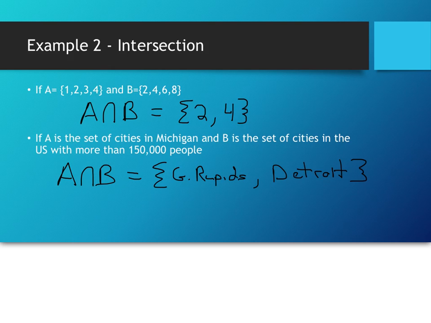I think all of the other cities have slightly less than 150,000. So Lansing has more than 100,000, but not quite 150,000. There's some other cities you can think of, Saginaw, and Flint, and all those places. So, anyways, there are two cities in Michigan which have over 150,000 people, at least on the last census.